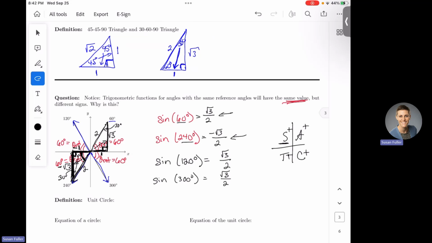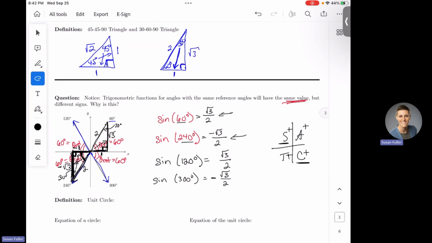But because 300 degrees has a terminal side in quadrant 4, and cosine is the only positive trig function there, I know that the sine of 300 degrees is going to be negative. And so this value is going to be negative root 3 over 2. They all have the same value. You just have to be careful with the sign. And all students take calculus will help you with that.